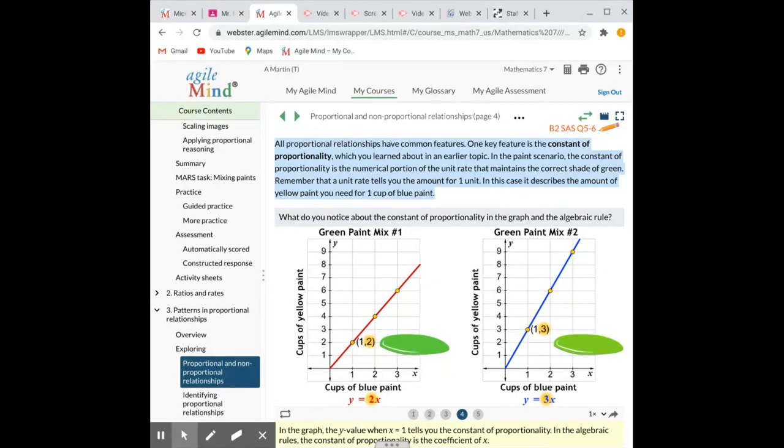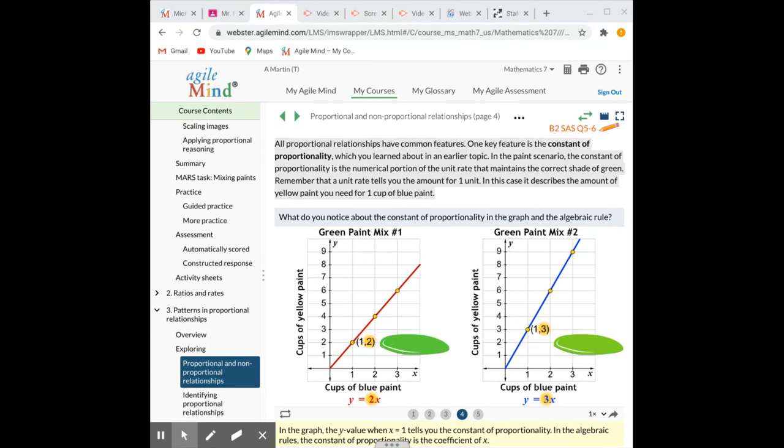All right, so in this graph, what's happening? Right here, it says in the graph, the y value when x equals 1 tells you the constant of proportionality.